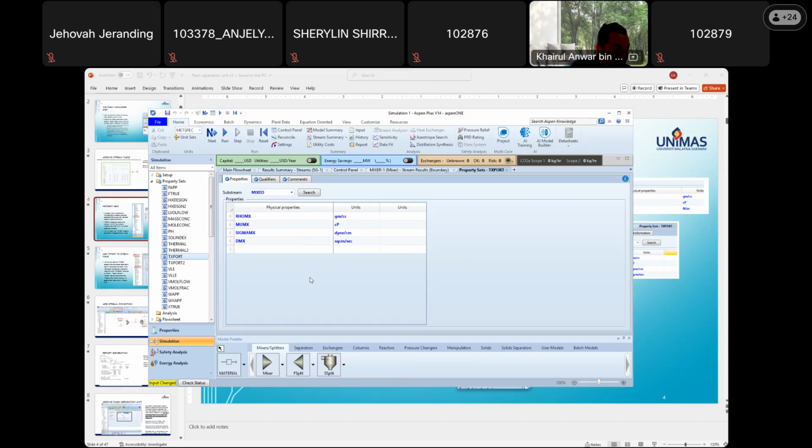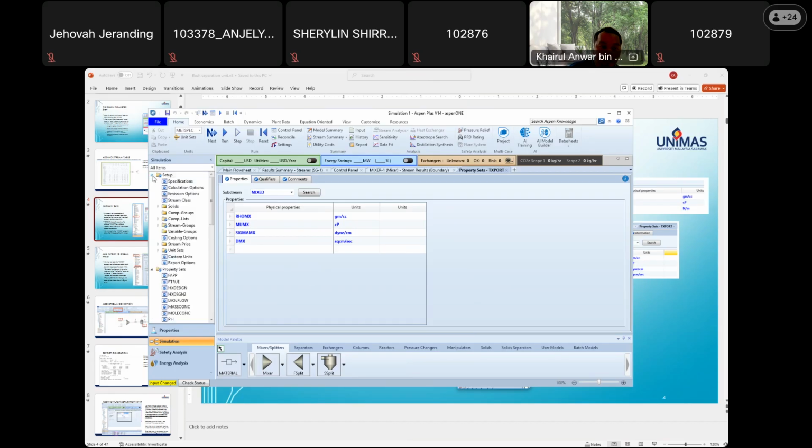So next we must add the export property set to the stream table that is shown in the flowsheet. While the simulation environment is the active mode, and using the navigation pane, go to setup, report options, stream tab, click on the property set button. Doing so will open up the window.